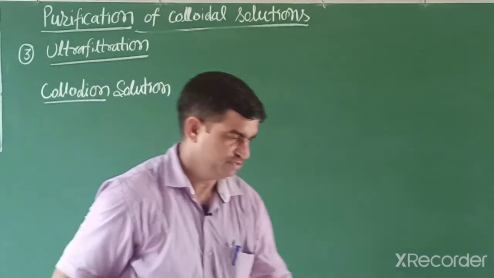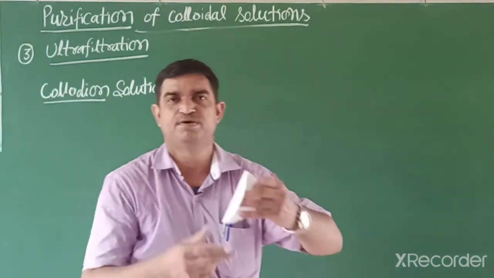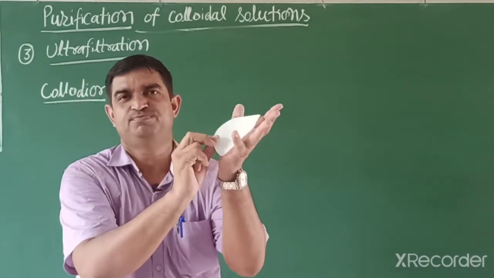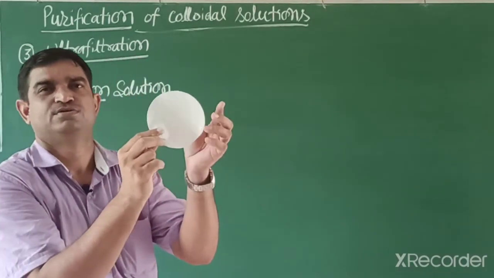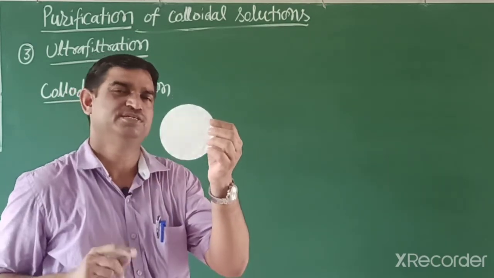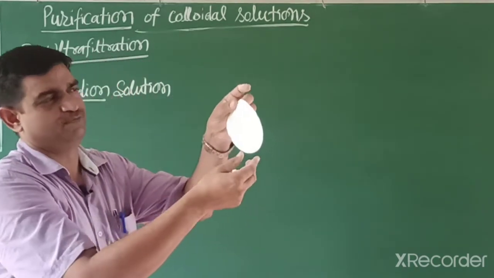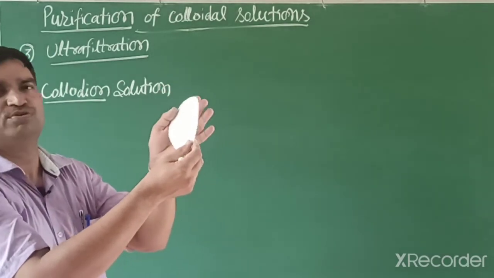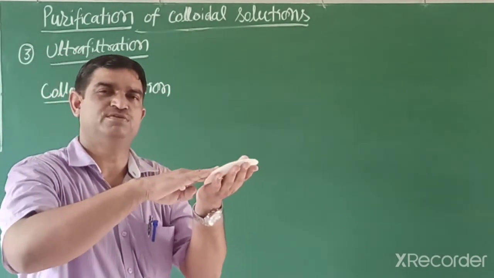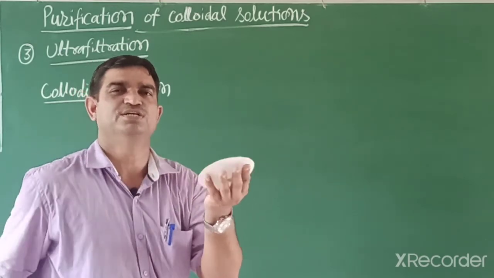Students, we know normal filter paper. This one is normal filter paper, and it passes solution as well as colloid particles. It means the pore size in this filter paper is large, up to 1000 nanometer. Only suspension particles remain above the filter paper.